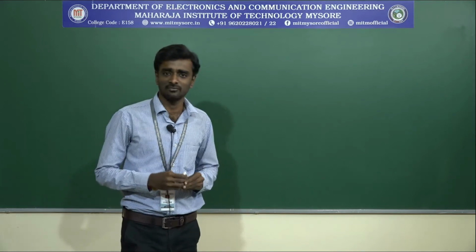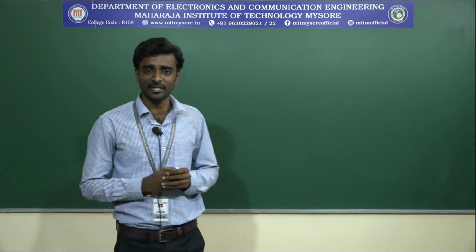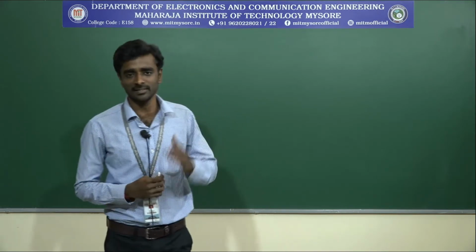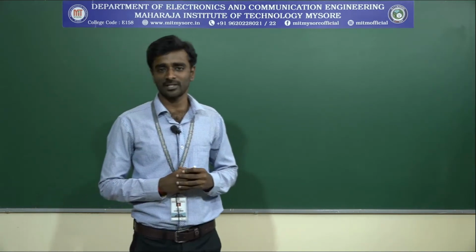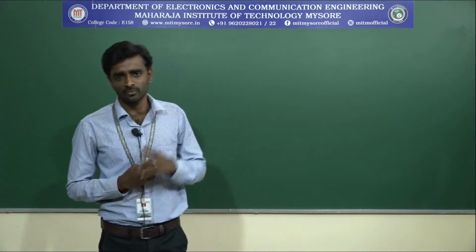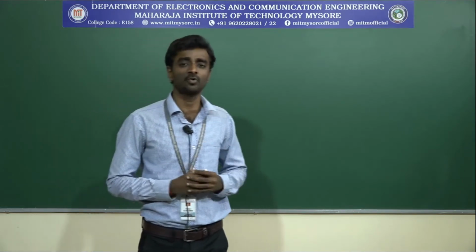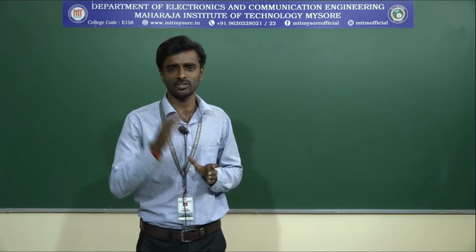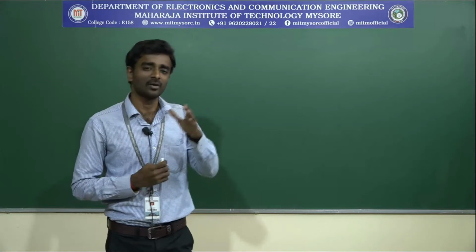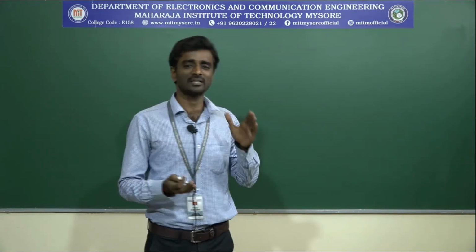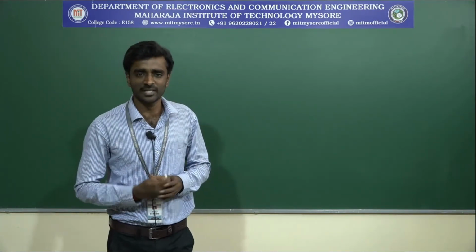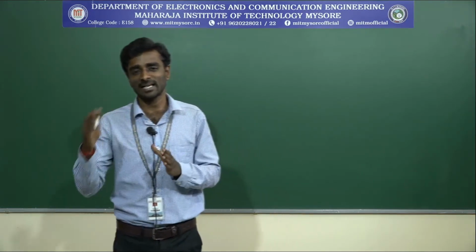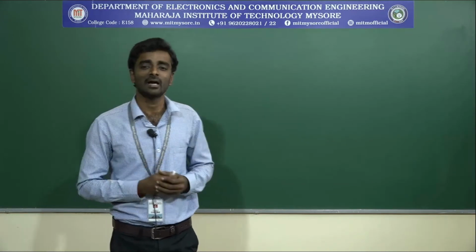In the previous class, we discussed commutation, where you have two different types: natural commutation and forced commutation. With respect to forced commutation, normally there are 6 classes: class A, class B, class C, class D, class E and class F commutation.